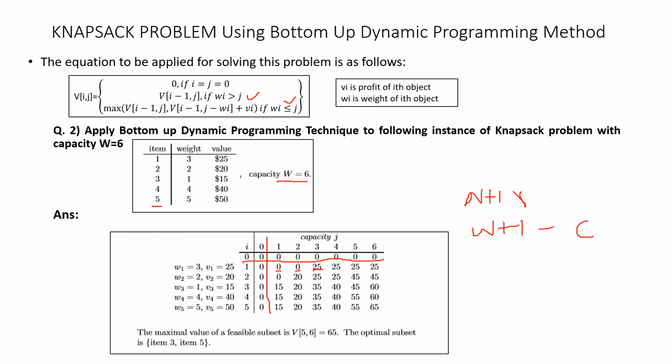Like that you do, and finally the optimal solution is 65. The whole method is completely based on the concept of dynamic programming, where the final solution will be got from the previously computed values. That's what dynamic programming technique is, and that was applied for this problem.